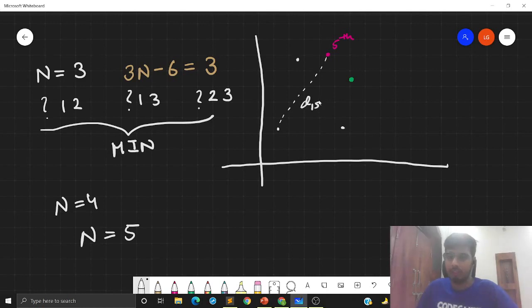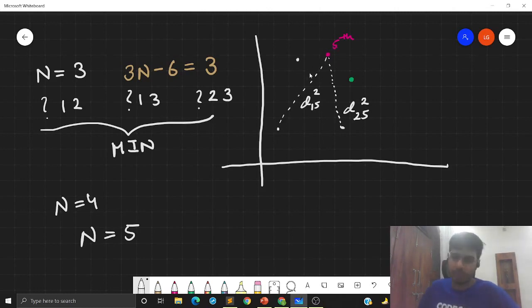Let's call it d15 whole square. Now suppose for the second query I ask the distance from this point, and I got some value again. Let's say d25 whole square. Now I can ask at most one more query, and I should be able to find out some exact information about these points.